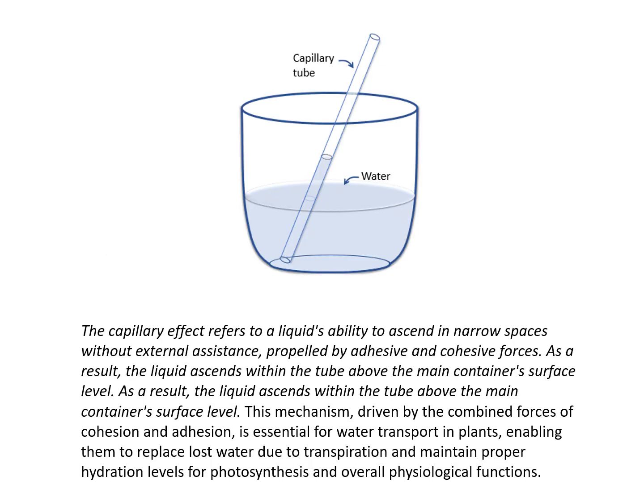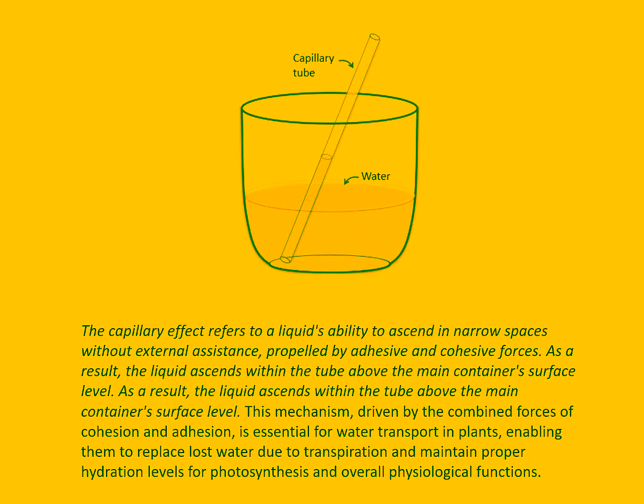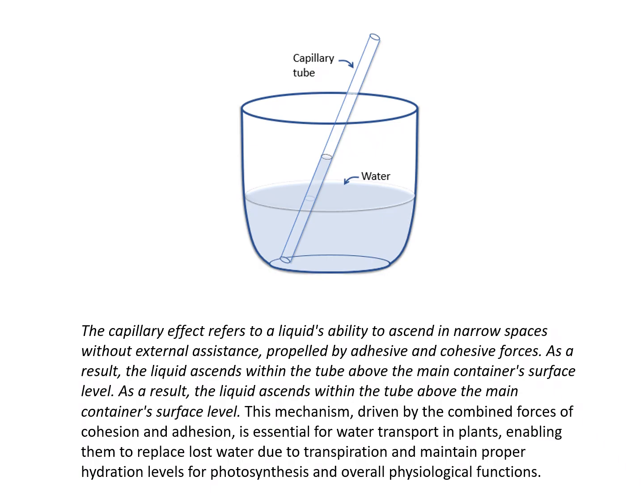In this image, you see a beaker with a straw, where the water level inside the straw rises above the level in the beaker. This demonstrates the capillary effect, a liquid's ability to move upward through narrow spaces without any external force. It's driven by adhesion, which allows water to cling to surfaces, and cohesion, which pulls other water molecules along.